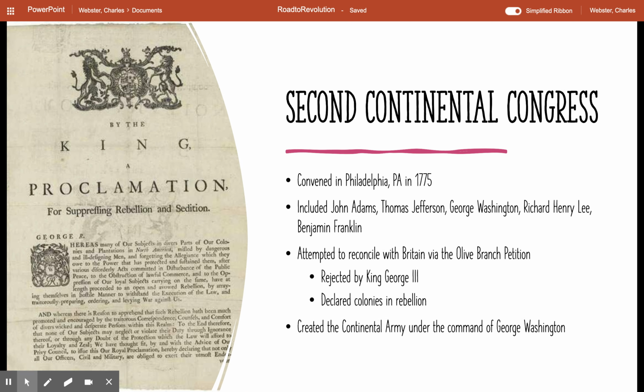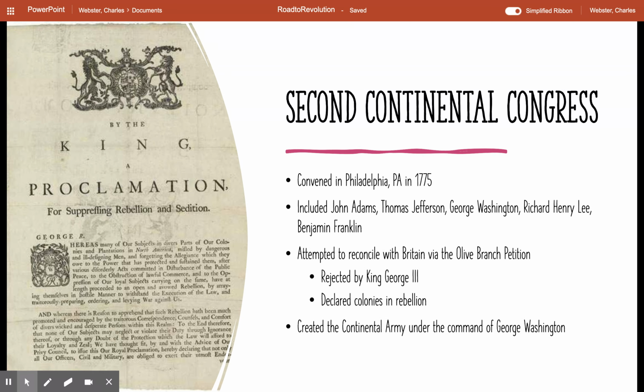And he declared, as you can see in this image here, he declared the colonies to be in rebellion, right, for suppressing his proclamation. He declared they were in rebellion and sedition, right? So they're traitors. And so basically there's no going back, there's no fixing it, right? The war is on.